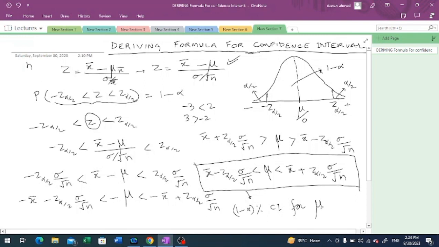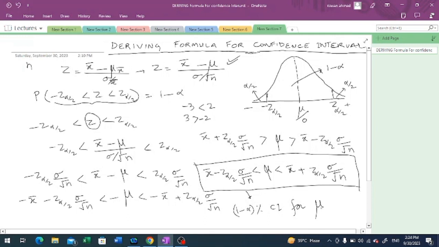Furthermore, we need to have sigma, or population standard deviation value, given in advance, that we can borrow from prior information. We also substitute the z value depending upon the confidence interval percentage with which we are asked to construct this confidence interval.